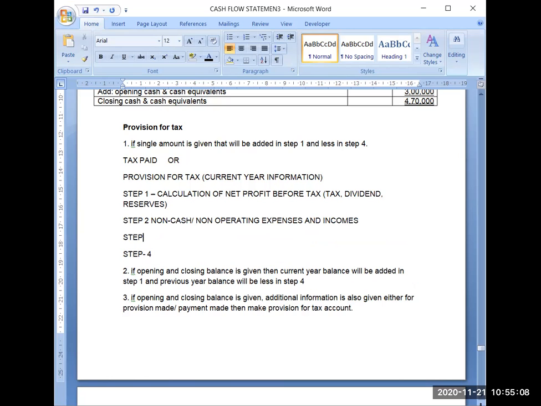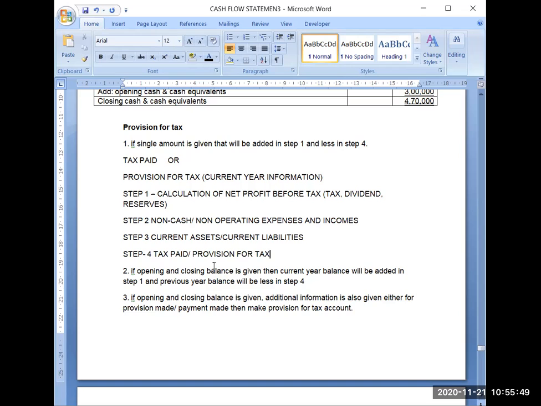In step 3, you will adjust the current assets and current liabilities, increase, decrease. And then after completion of third step, you get the cash flow from operating activity. From that, you have to subtract the tax paid. So there you will either subtract the tax paid, or if question has given you provision for tax of that year, that you will subtract.